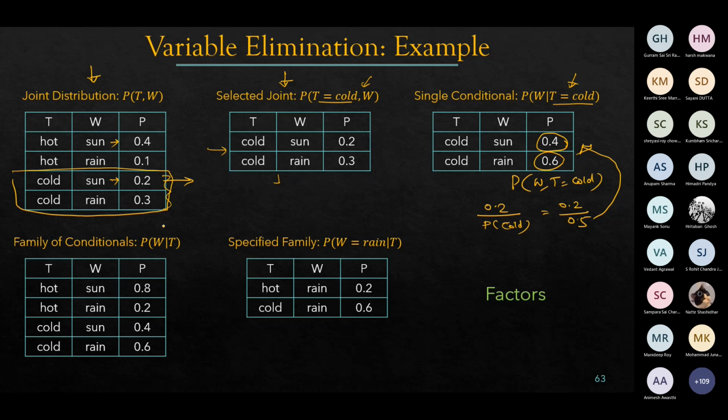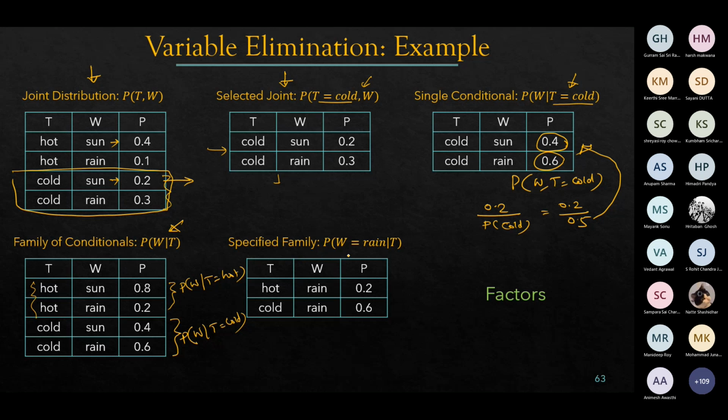We can extend this to compute the family of conditionals. Here I'm not providing any value for T, so this part we have already computed. Similarly, you can compute the same by conditioning T with the value hot. So this particular segment is computing W given T equals hot, and this part is computing the probability of W given T equals cold.